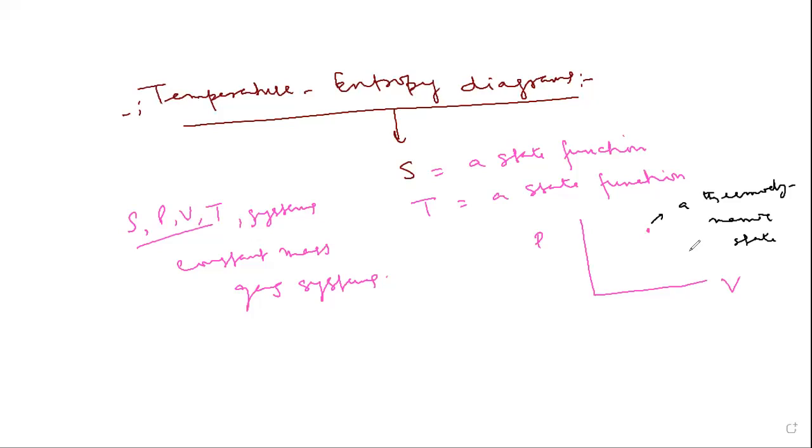Now I will first draw the entropy temperature diagram for a Carnot cycle. Let me use the next page. So what we do, we take temperature on the y-axis like this, and entropy on the x-axis. So this is my temperature axis, T, this is my entropy axis.